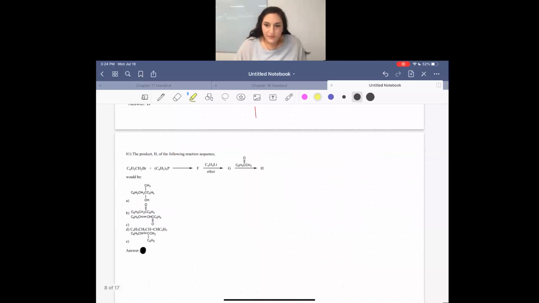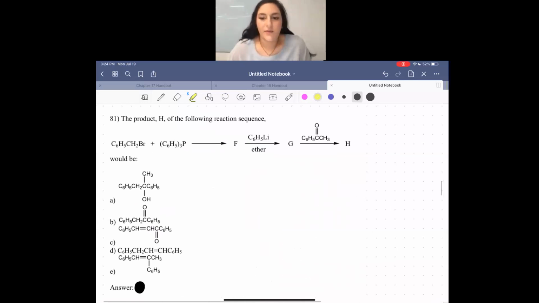Okay, so I want you to get really good at looking at these and knowing what reaction it is. Every time you see a question, you're going to find a defining characteristic. Someone already said Wittig, and you are correct.